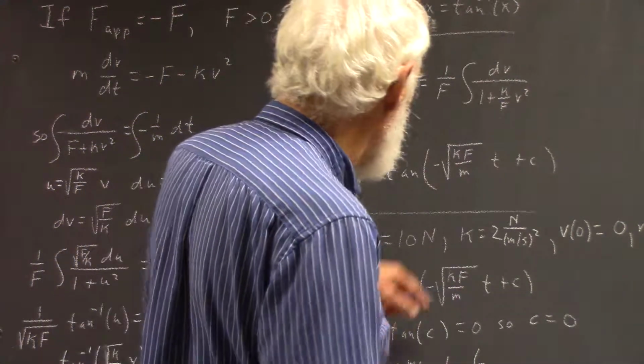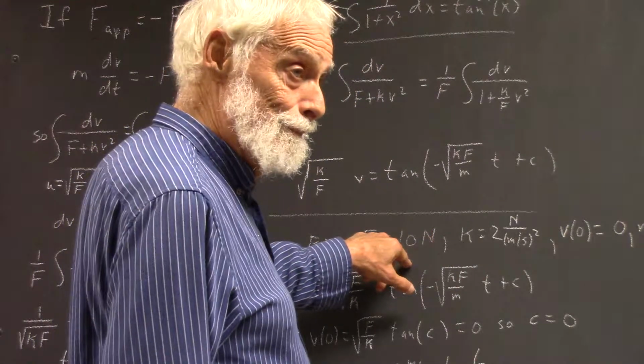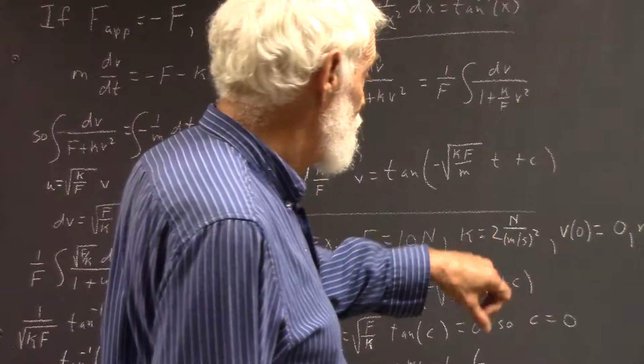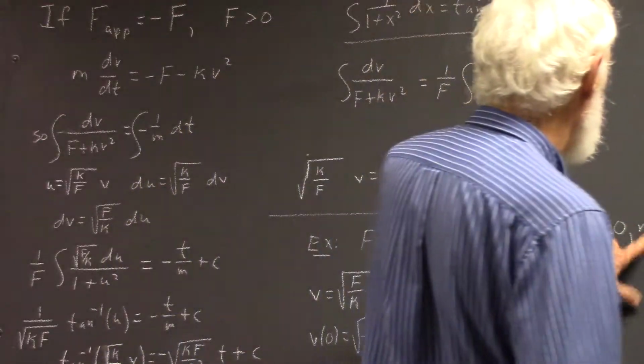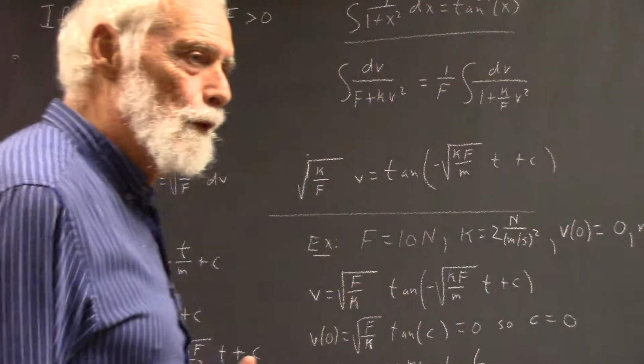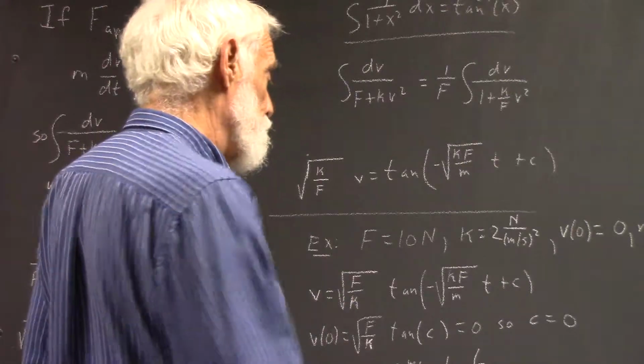So your kappa F is going to be 20 divided by 3. Let's make it 5 kilograms to get a nice number. 20 divided by 5 is 4, and the square root of that is 2, right? So it's negative 2.